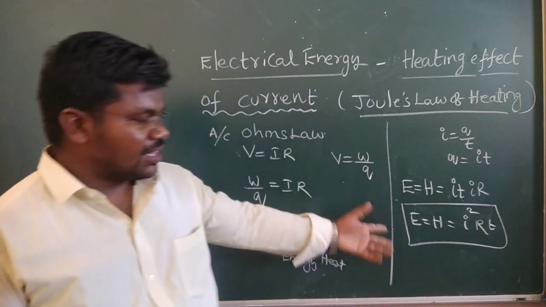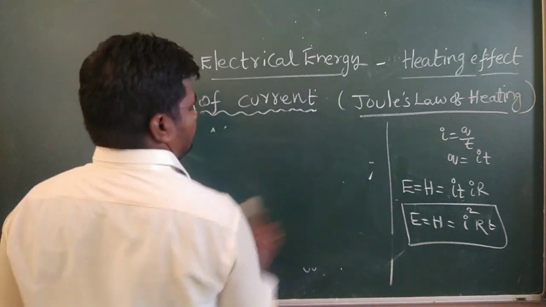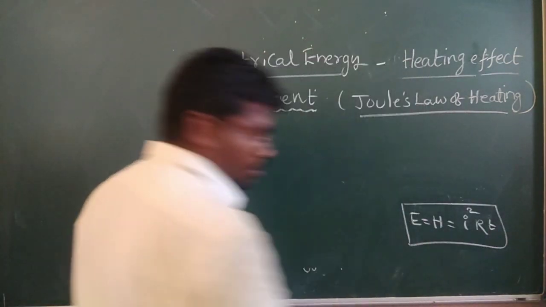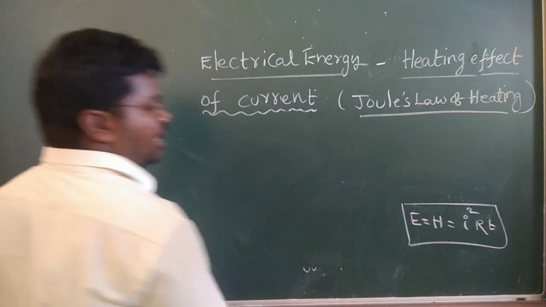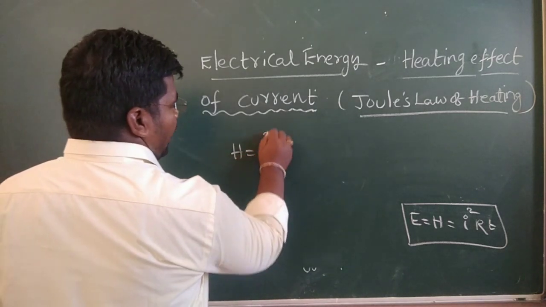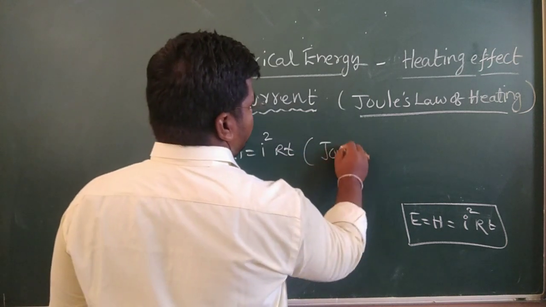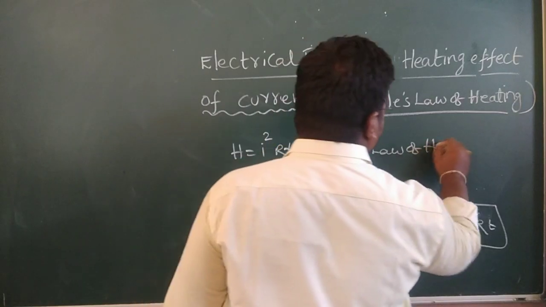We have other expressions from this formula. This heat energy is given by Joule's law of heating: H is equal to I square RT.